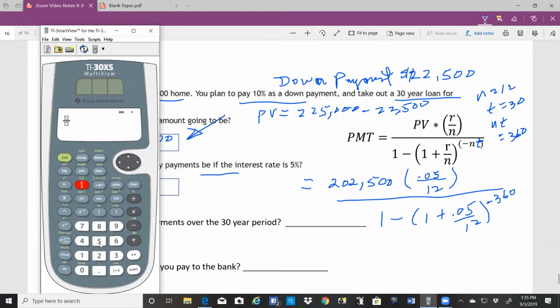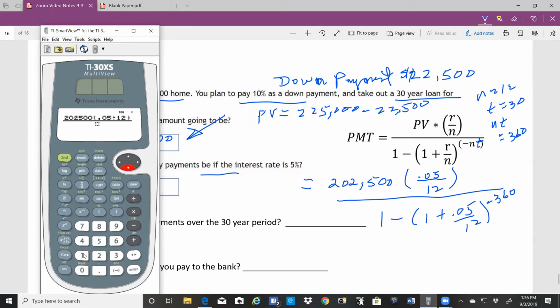The numerator is going to be 202,500 multiplied times 0.05 divided by 12. By the way, unmute yourself and tell me if I've made a mistake anywhere. It is not impossible.